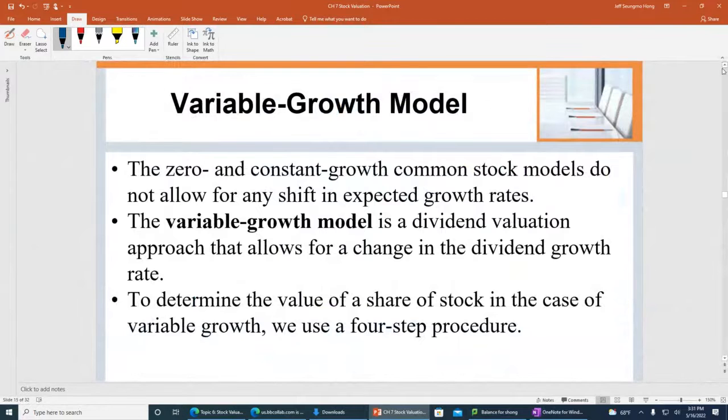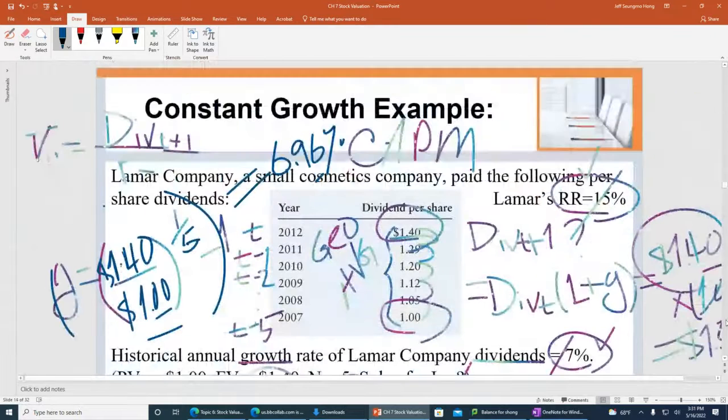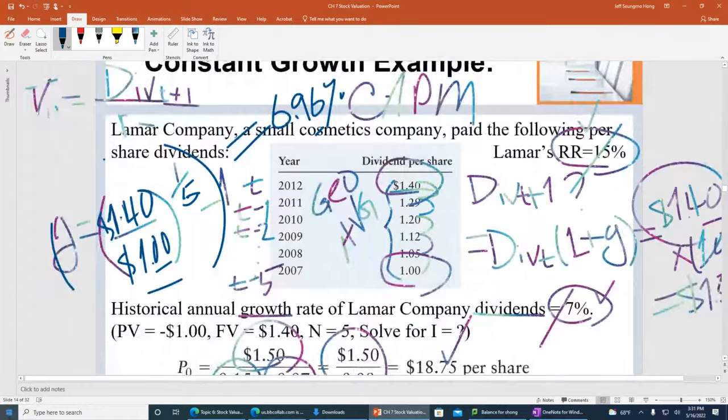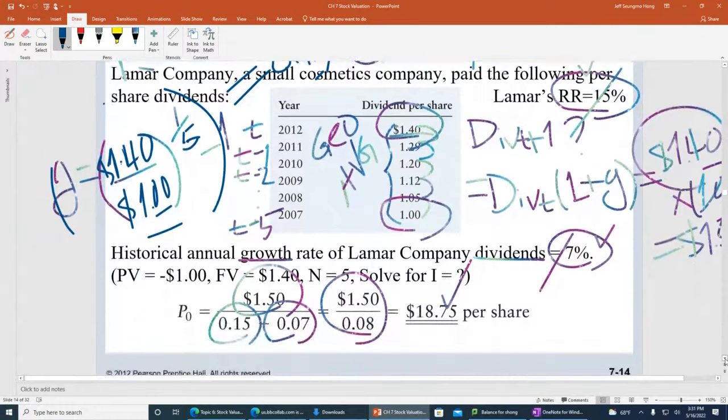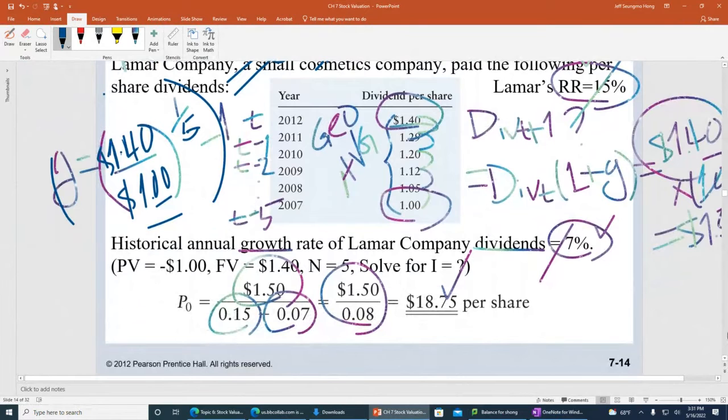I'm not going to actually calculate that here because I can't even pull out the calculator. But if you do that, growth rate comes out as 6.96, and the exact number will be slightly different from this, but the difference won't be that significant.